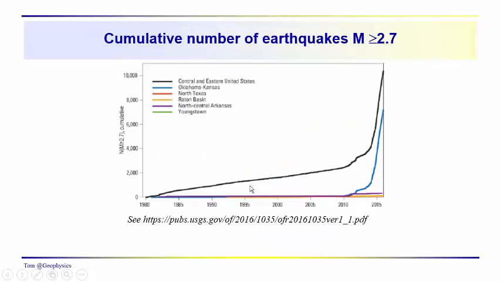If we take a look at that Oklahoma area, you can see that back in about 2009, we began to get an uptick in the frequency and the number of earthquakes with a magnitude greater than or equal to 2.7. So these are large earthquakes. These are the kinds of earthquakes that you might feel.